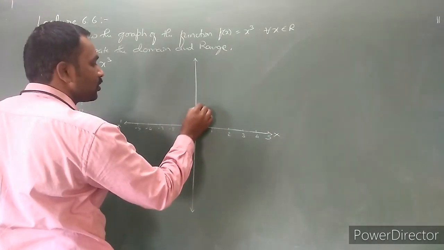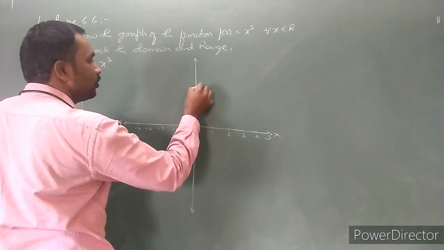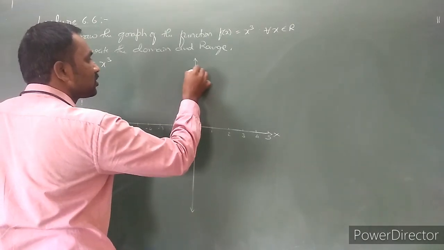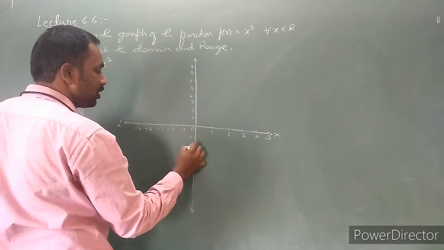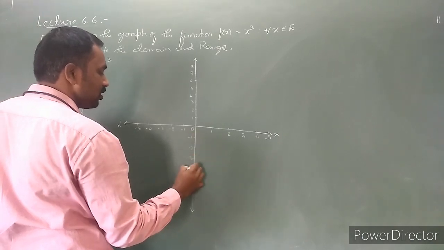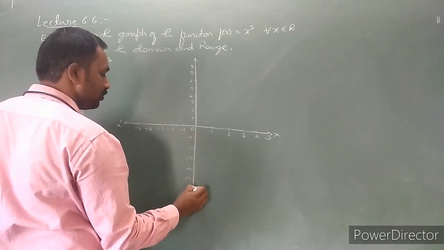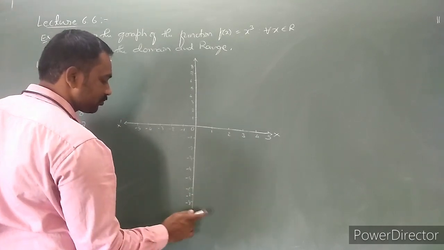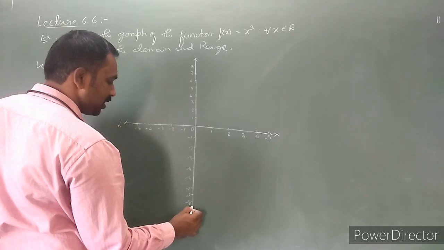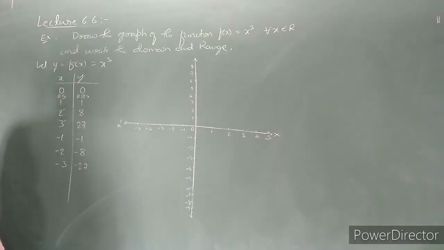On the y-axis, 1, 2, 3, 4, 5, 6, 7, 8, and so on up to infinity. Minus 1, minus 2, minus 3, minus 4, minus 5, minus 6, minus 7, minus 8, minus 9, and so on up to negative infinity.